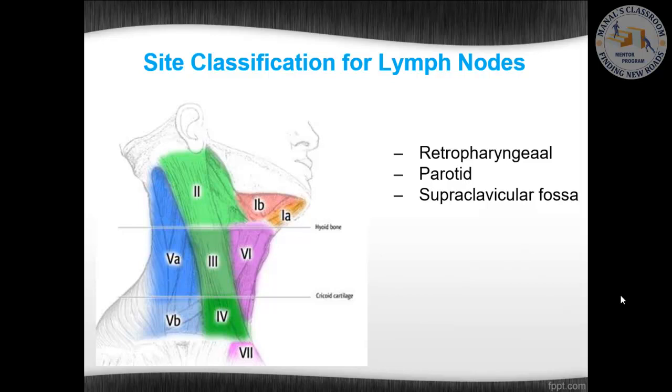Then 2, 3, and 4 are along the internal jugular vein. 5, the posterior triangle of the neck. And 6, the pretracheal, prethyroidal, precricoidal. And 7 is the superior mediastinum. Then we have the retropharyngeal, parotid, and supraclavicular fossa. They are not integrated on this system, so you have to be aware to search for them away from those 7 levels.